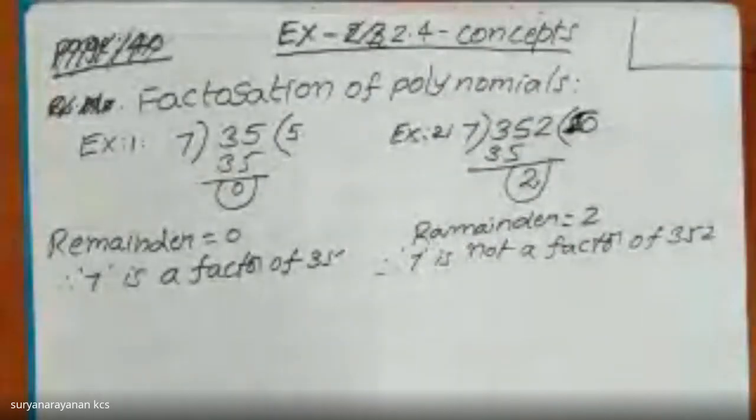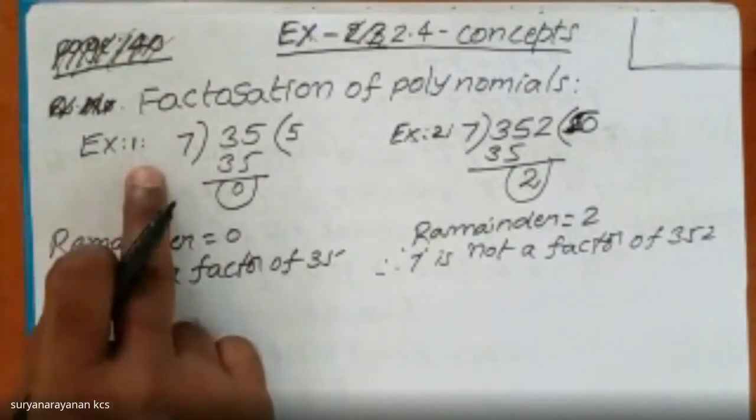So here, to say the given number is a factor of the second number, which part is important? By which concept have we said this given number is a factor and this given number is not a factor? By the remainder. Yes, very good.